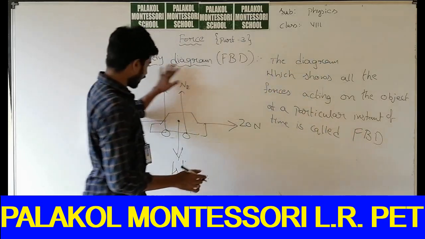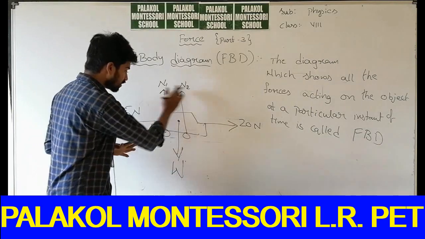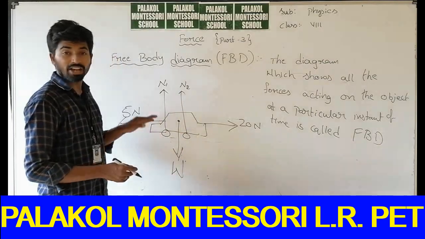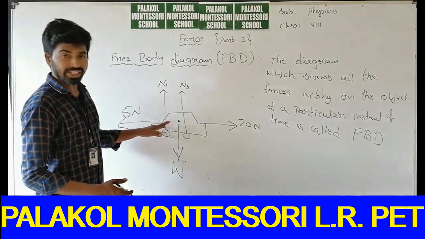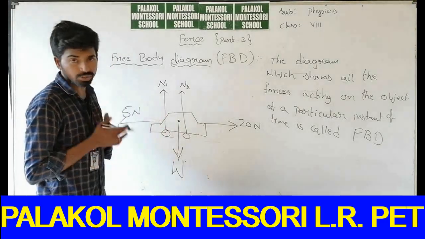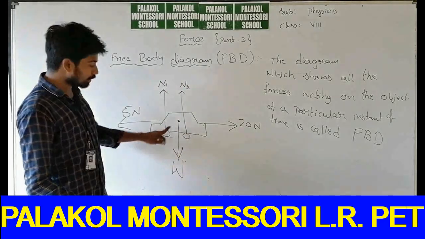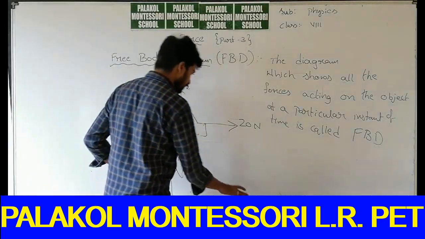So this is the diagram which shows all the forces acting on this car. All the forces acting on this car are shown in this diagram. That's why this is the free body diagram of this car.